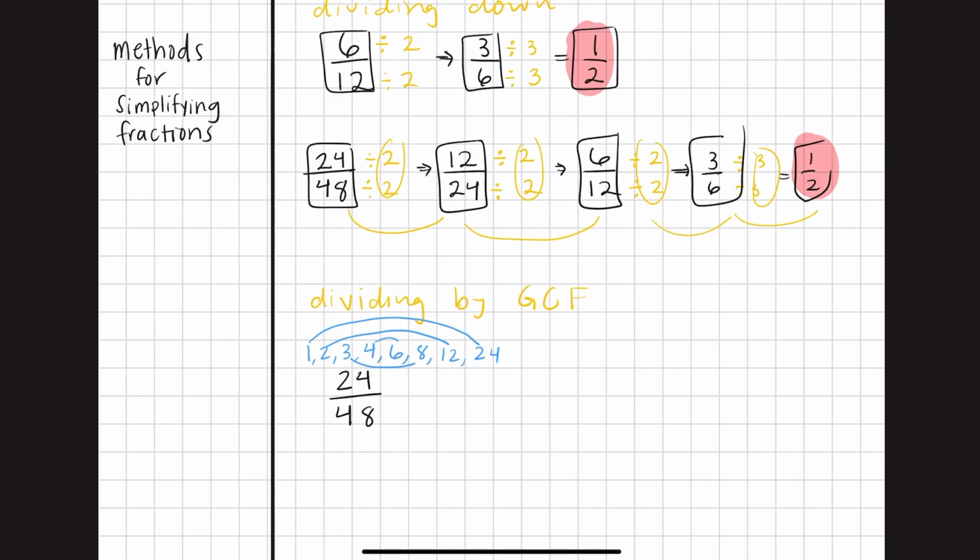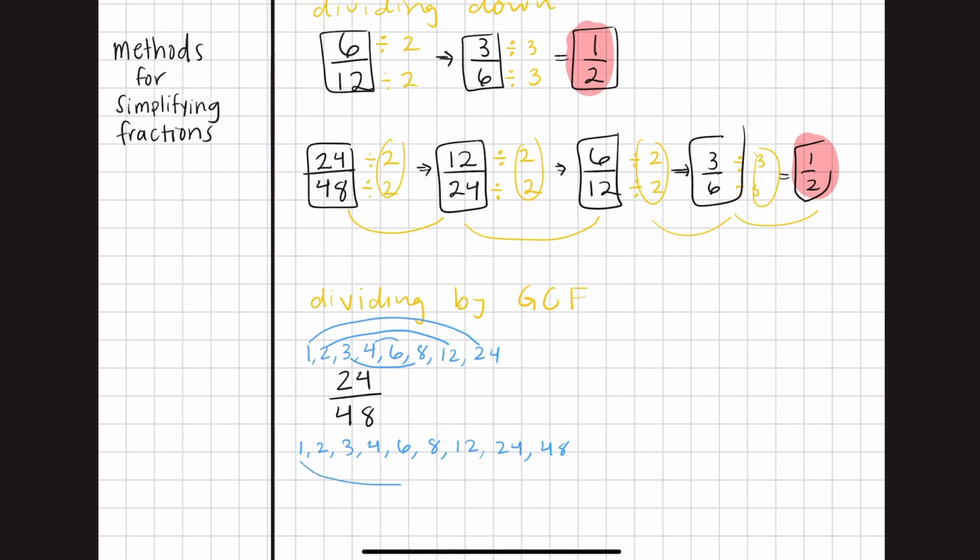And same with 48. Wow, this is going to be a longer one. This is going to be 1, 2, 3, 4, 6, 8, 12, 24, 48. Was that it? That might be it.